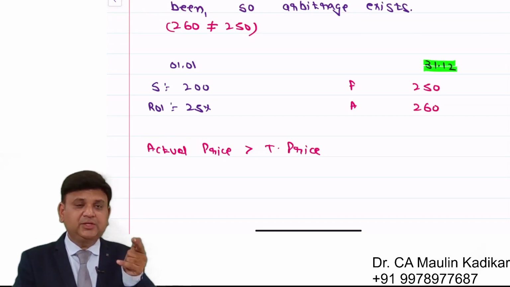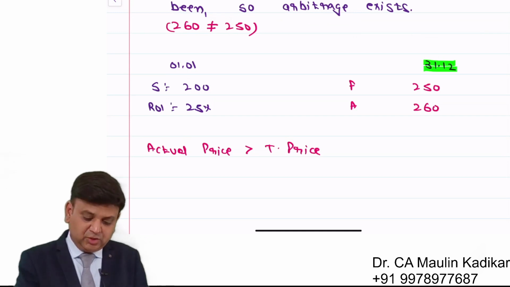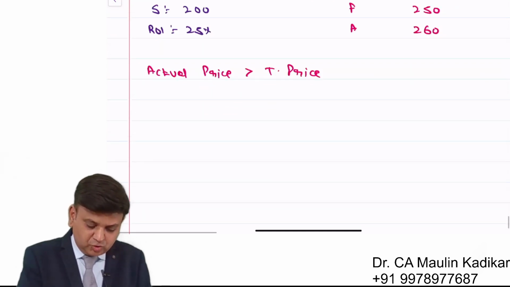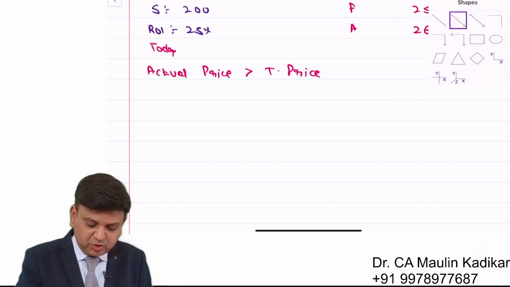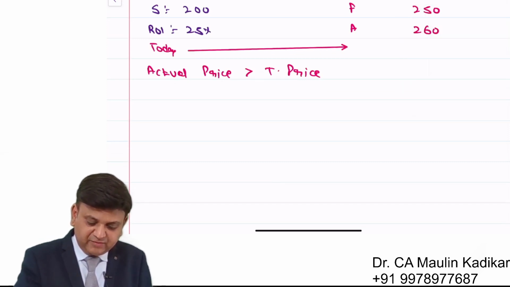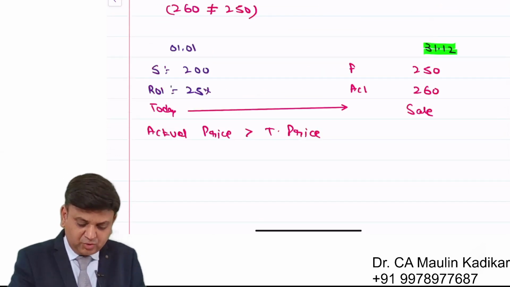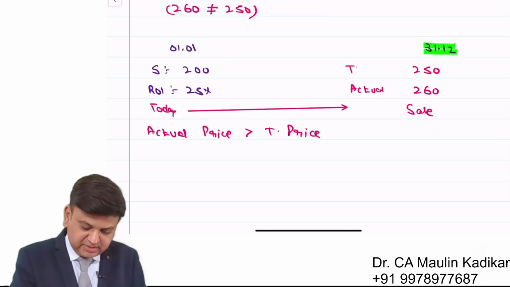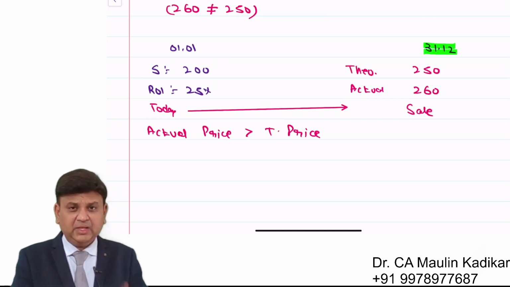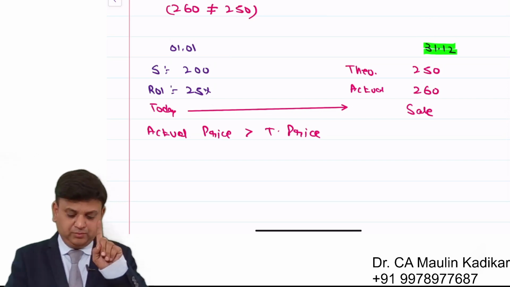It is more than the theoretical price of 250. So what we should do today, we should enter into F contract to sell the security. Why? Because the actual price is more than the theoretical price. This is the theoretical price. That is the first thing that you should do.